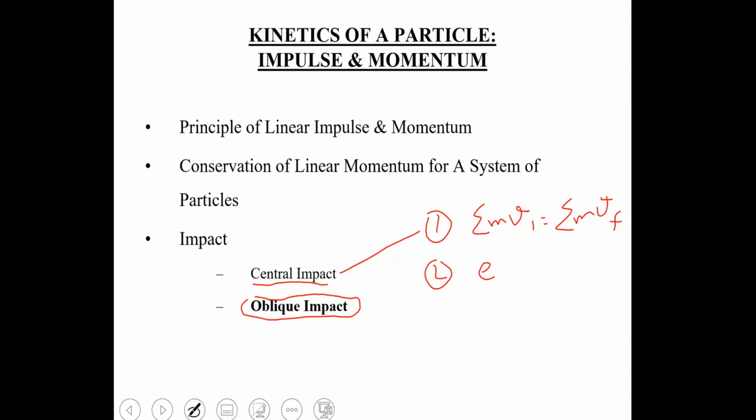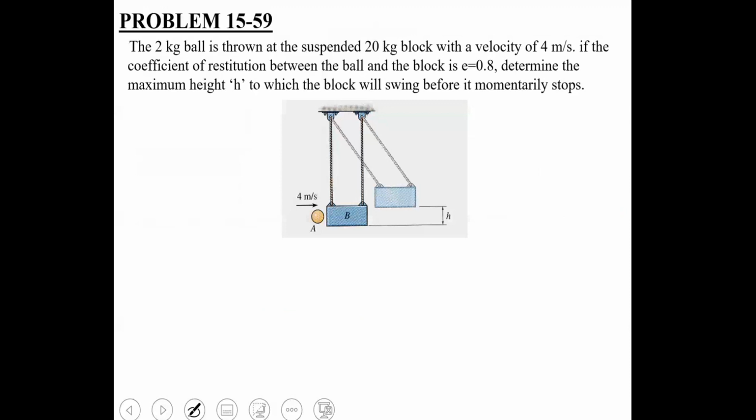So last time we did solve some examples and problems relevant to this topic. Today we are going to solve just one problem from the exercise, and then we will move forward to oblique impact. Now in this problem, which is problem 15-59, you have a particle, this ball A, having a mass of 2 kg, and it is thrown towards this block B with a horizontal velocity of 4 meters per second.